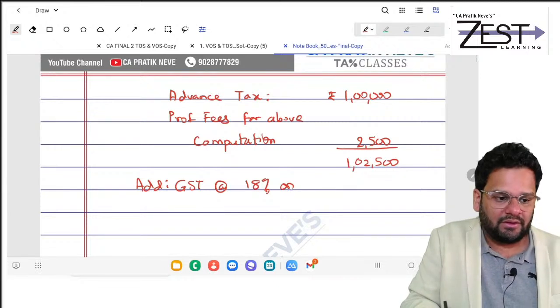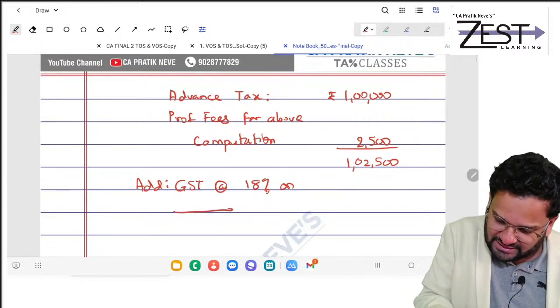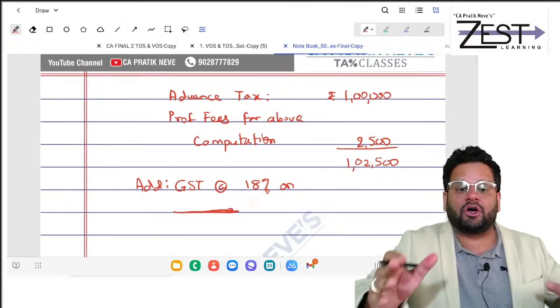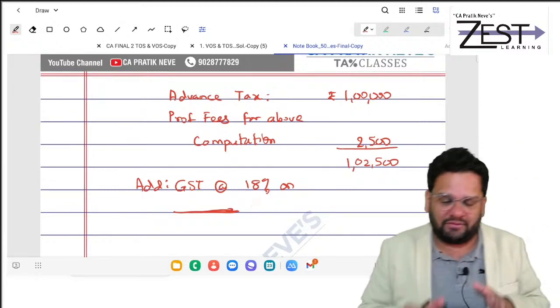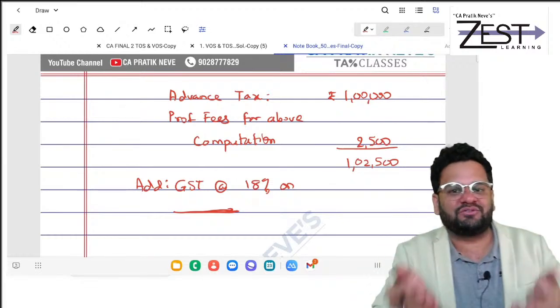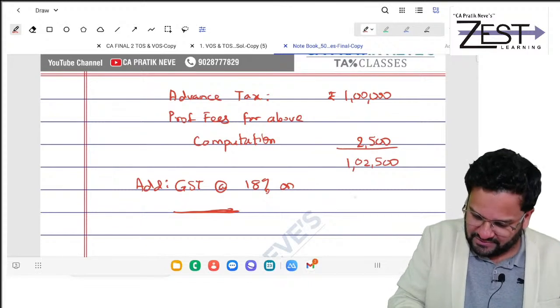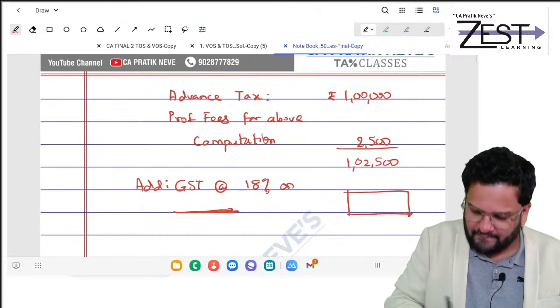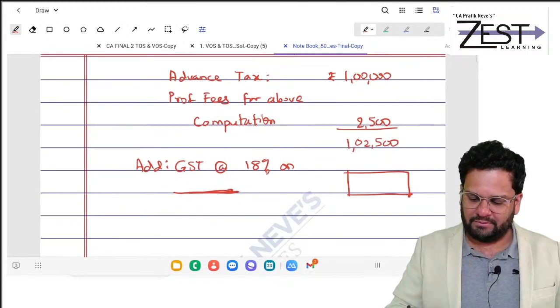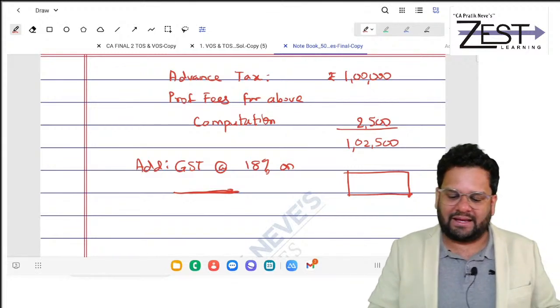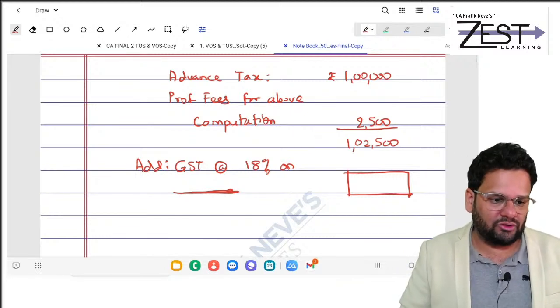18% on. Please tell me what should be the assessable value. GST at 18% should be calculated on 1,02,500 or only 2,500. Let me see. Can you answer this? Tell me, GST should be calculated on 1,02,500 or only 2,500.